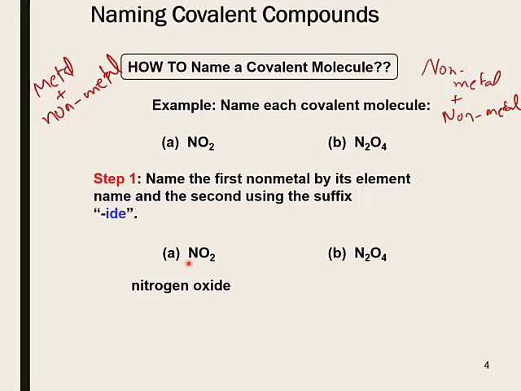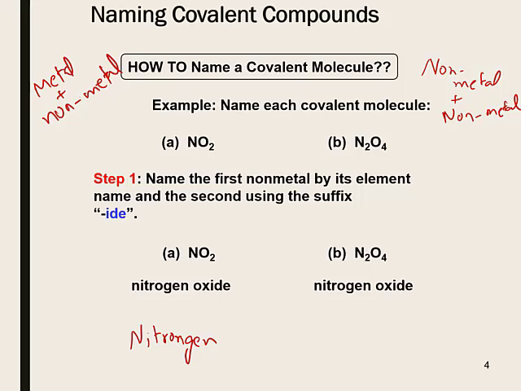There are two steps in naming a covalent molecule. Step number one is you look at the molecule and find the first nonmetal, and then you write the name of that nonmetal as such. For example, in this case our first nonmetal is nitrogen, hence the name will begin with nitrogen.